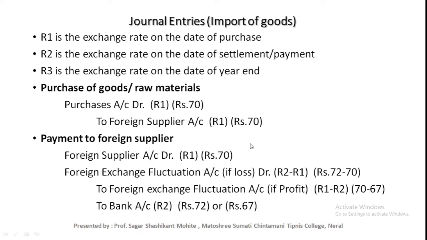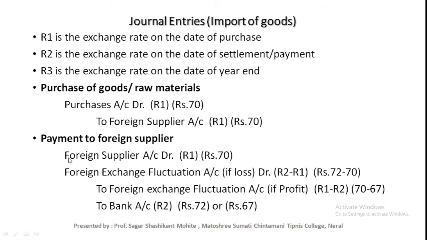But if the rate is more than 70 or less than 70 at the time of payment, if the rate is more than 70, the company will suffer a loss, and that loss will be transferred to the foreign exchange fluctuation account. And if the rate is less than 70, the company will get a profit of exchange difference, and that profit will be transferred to the foreign exchange fluctuation account.